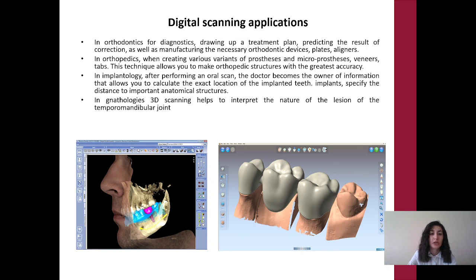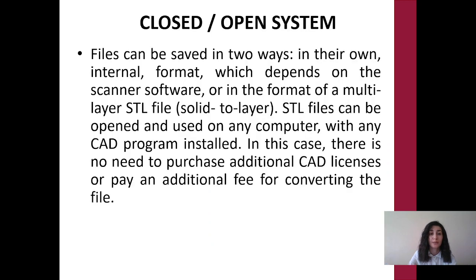In implantology, after performing an oral scan, the doctor becomes the owner of information that allows you to calculate the exact location of the implanted teeth implants and specify the distance to the important anatomical structures. In gnathology, 3D scanning helps to interpret the nature of the lesion of the temporomandibular joint.